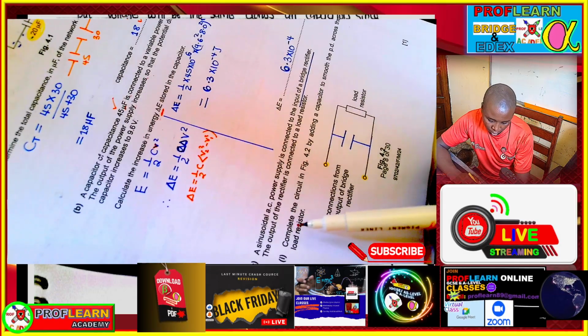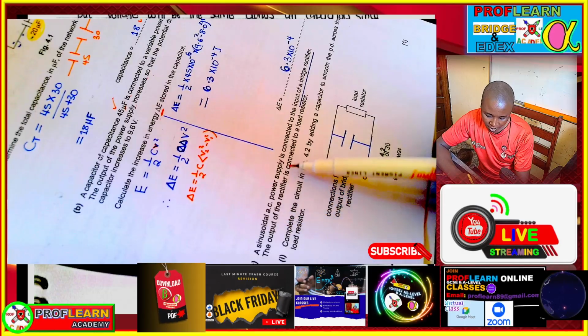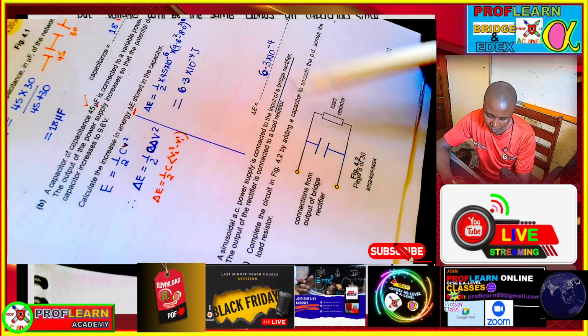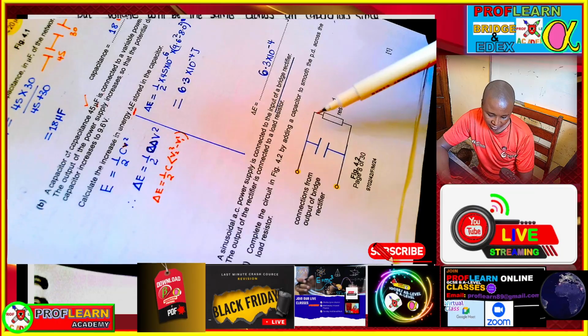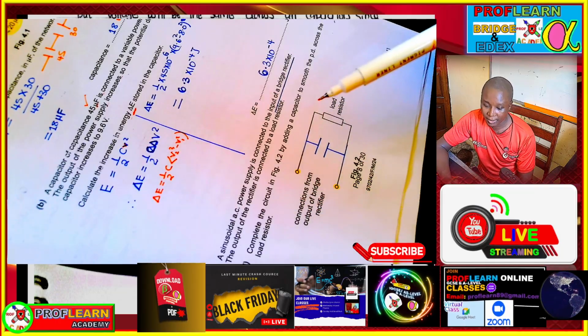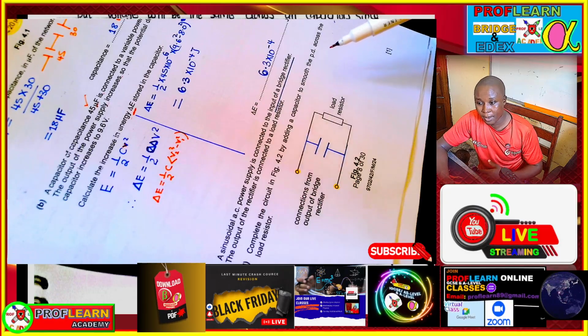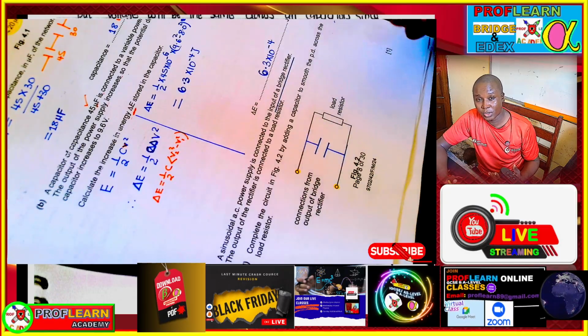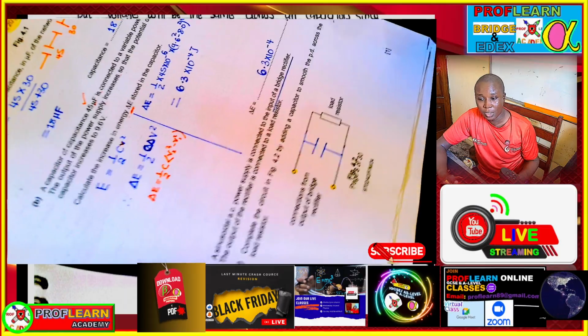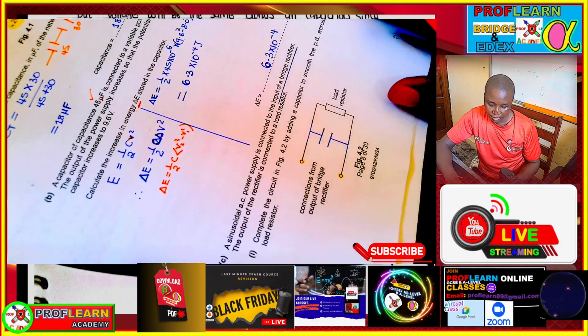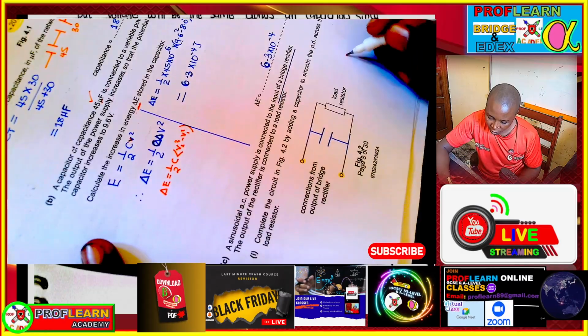A sinusoidal AC power supply is connected to the input of the bridge rectifier, and then we are supposed to complete the circuit, which is going to smooth the PD. Remember, capacitors are also used in rectification to smoothen.